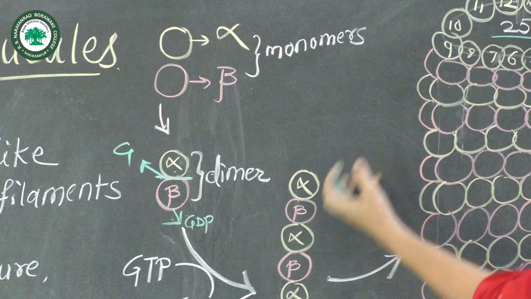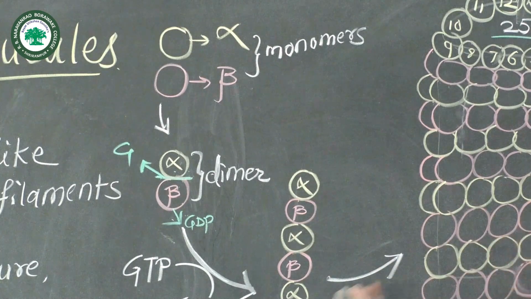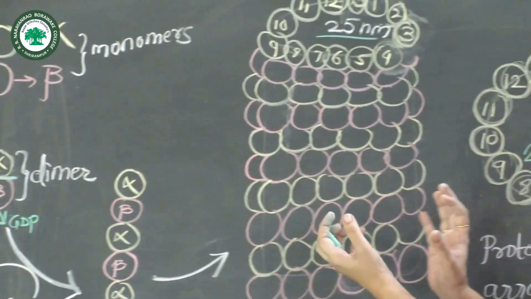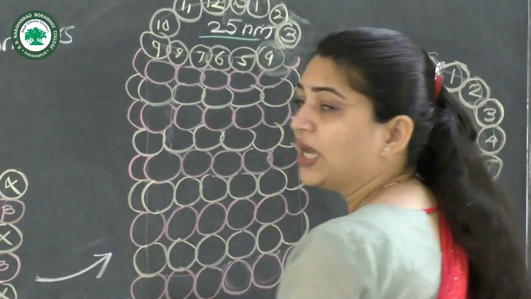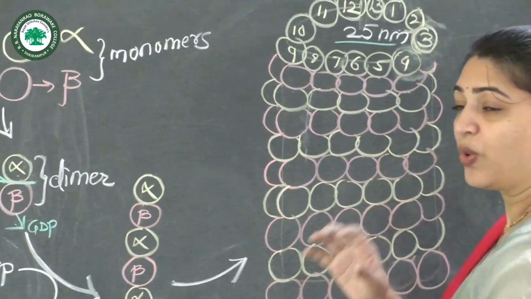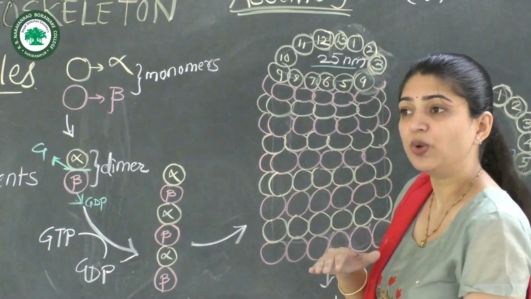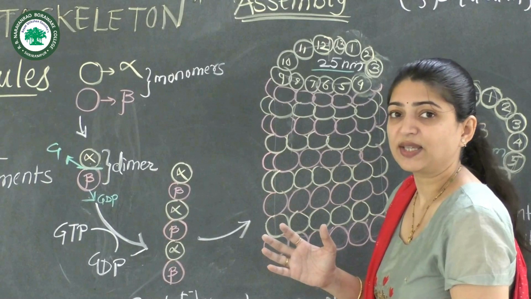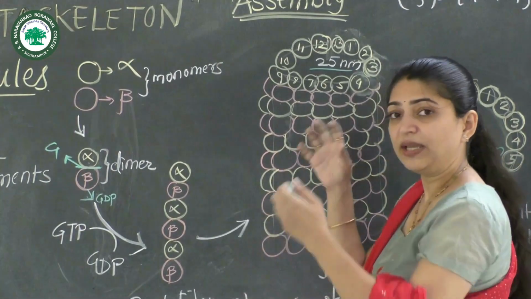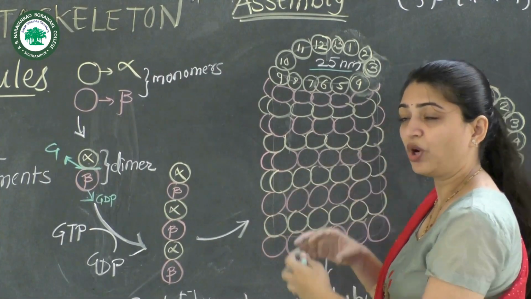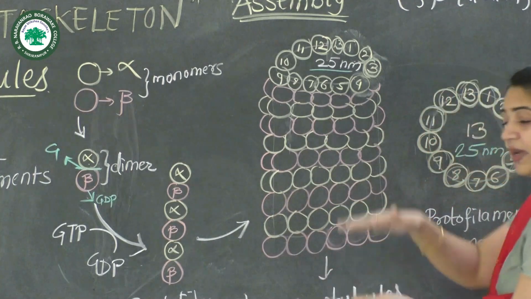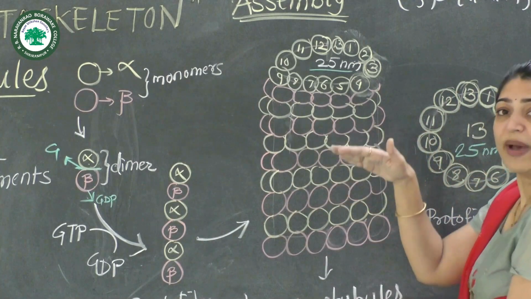One by one the filaments get attached to it, and together it forms this rigid structure. This attachment is due to the guanine triphosphate. This GTP attachment helps to polymerize, helps to add the tubulin monomers one by one, and increase the size of the microtubules.